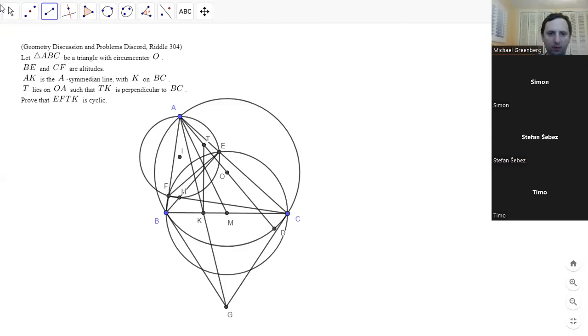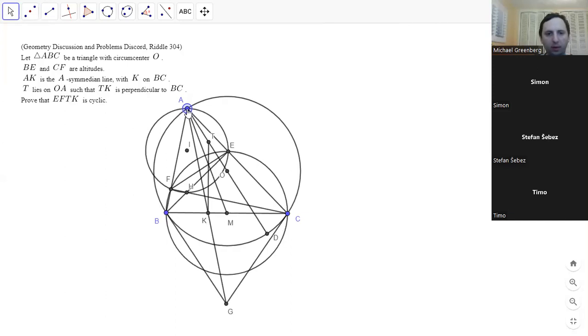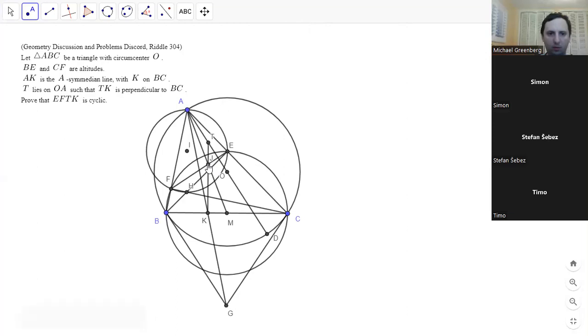Don't know the proof of that, but it doesn't look too hard. And that sets up nicely for maybe power of a point. Yeah, then we just need to show TJ times JK is EJ times JF.